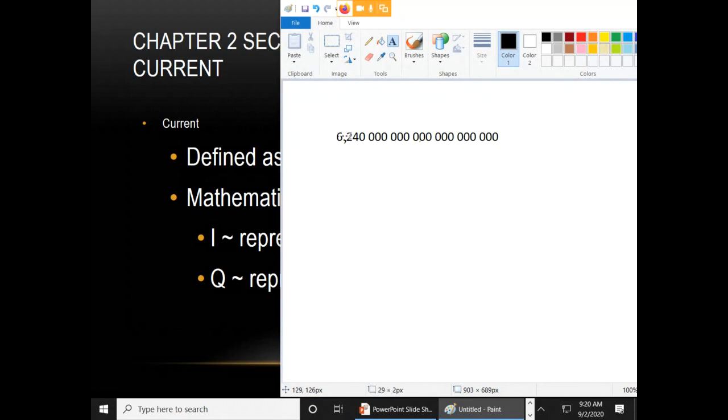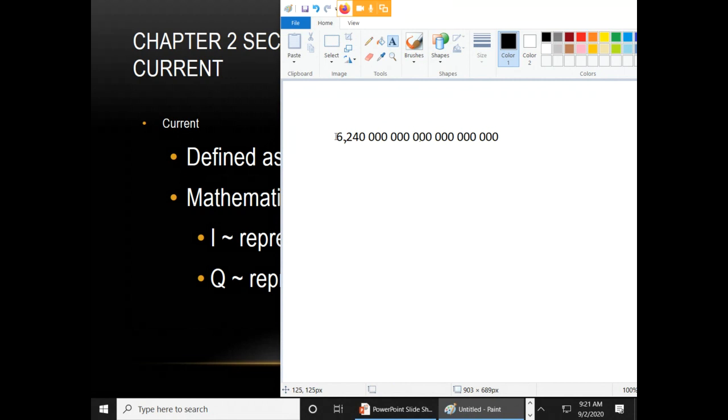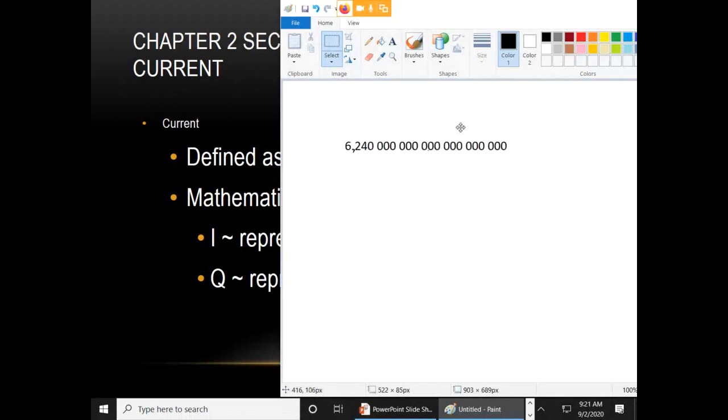1 coulomb is 6.24 times 10 to the 18th electrons. So 1 coulomb is this many electrons.